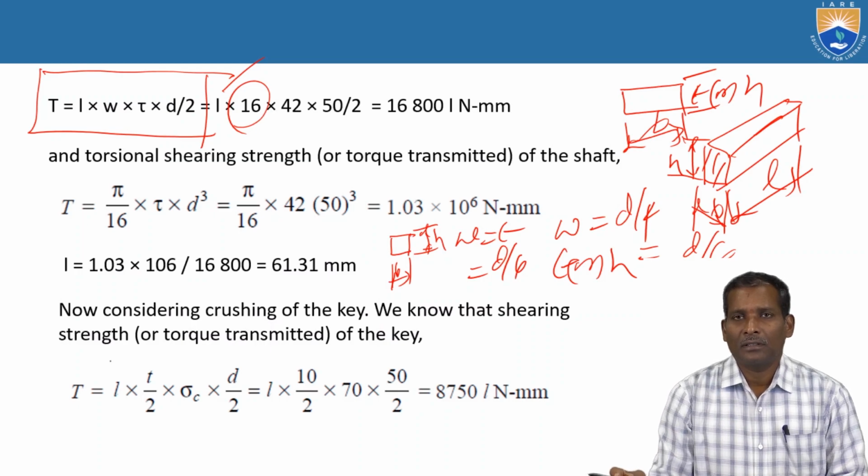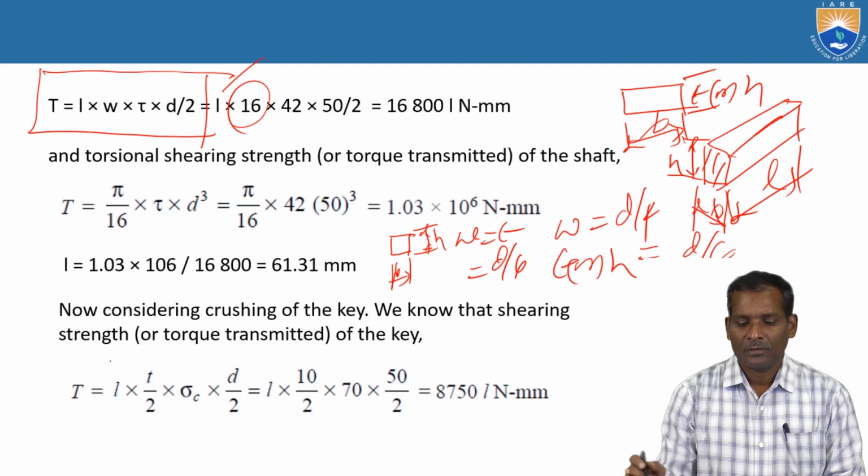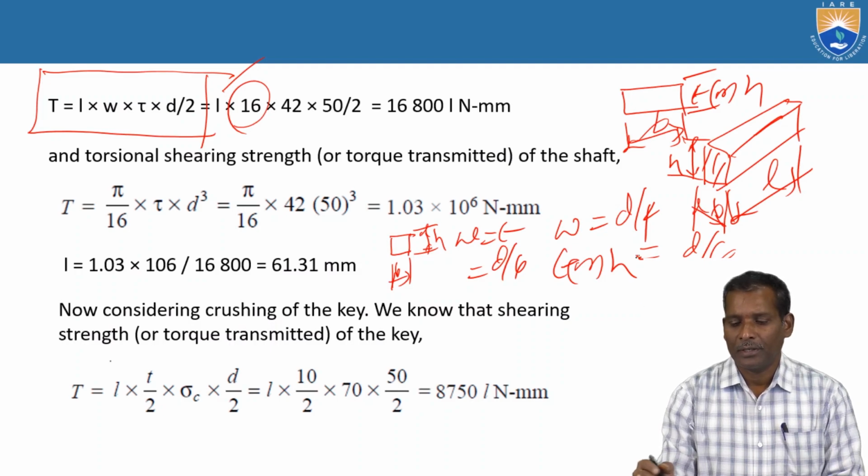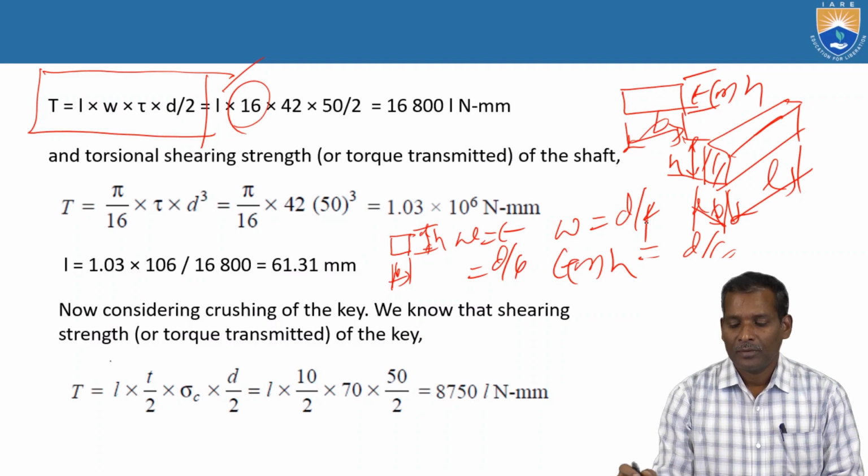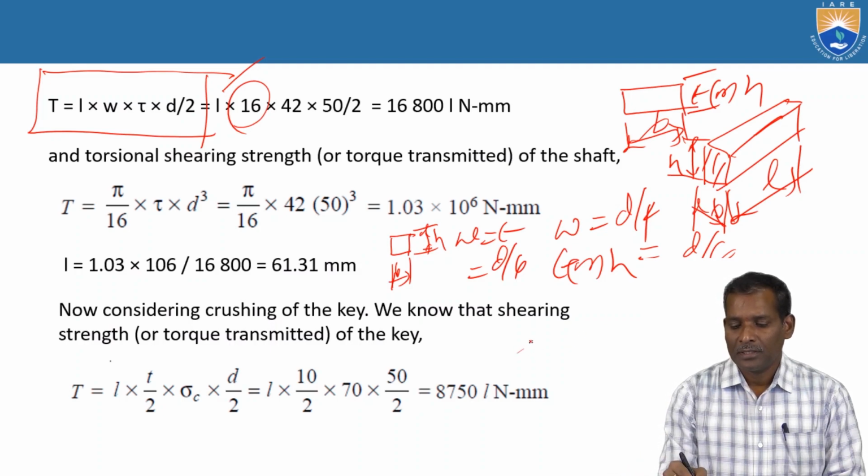So first we have to calculate the width and thickness. Here d is 50, so 50 divided by 4 for the width, and d by 6, 50 by 6, for the thickness.